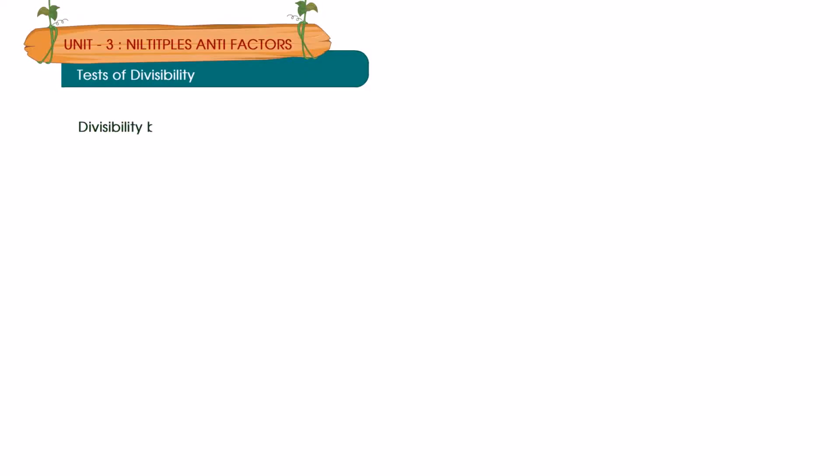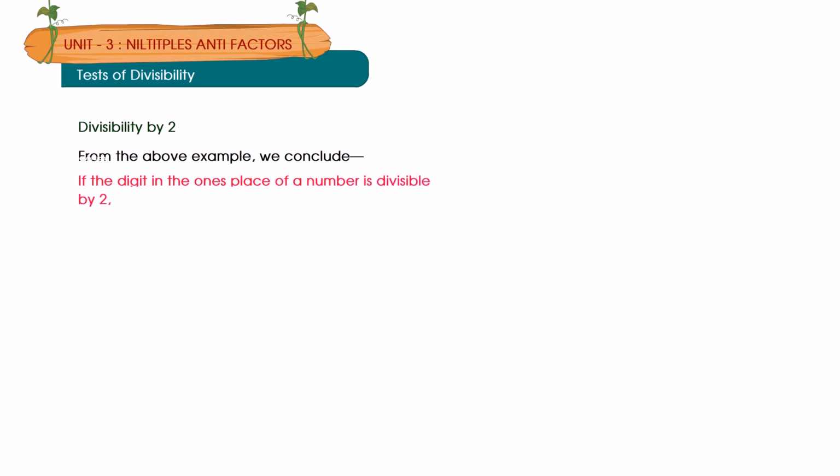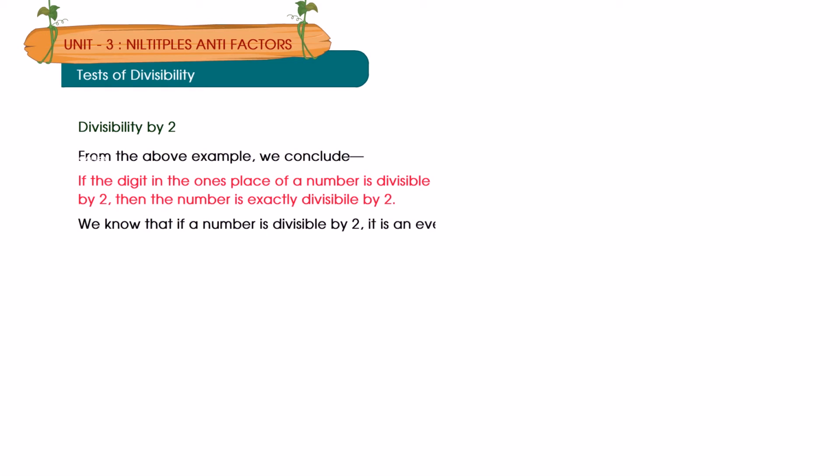Divisibility by 2. From the above example, we conclude if the digit in the ones place of a number is divisible by 2, then the number is exactly divisible by 2. We know that if a number is divisible by 2, it is an even number.